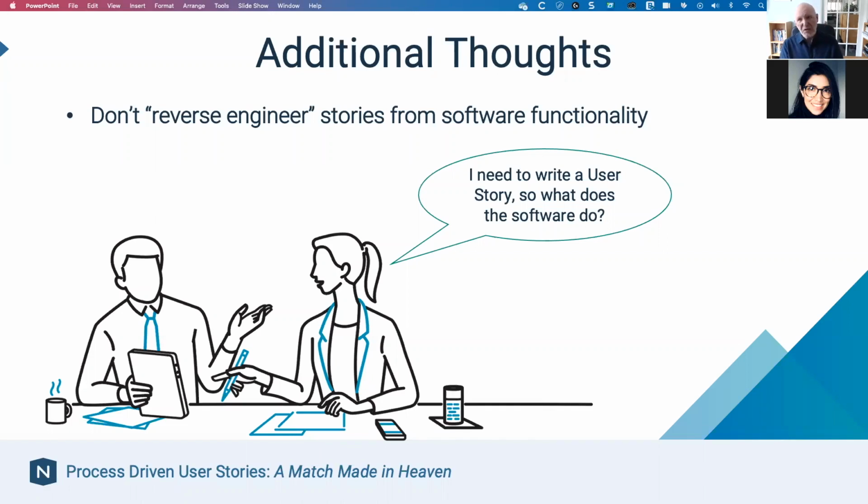And they kind of reverse engineer the user stories from the software as opposed to creating user stories that are actually driven from the actual users who need to get the job done with the software. So again, don't reverse engineer stories from the software functionality.